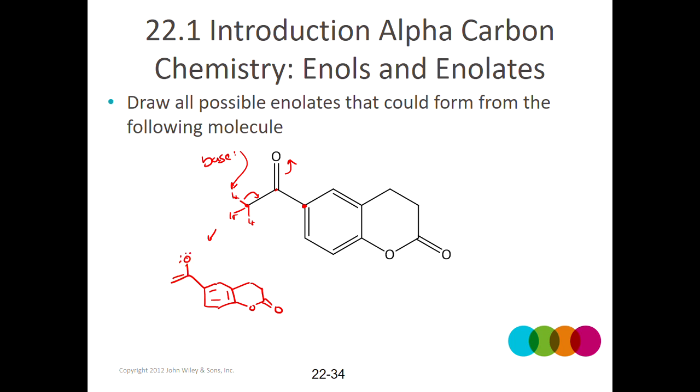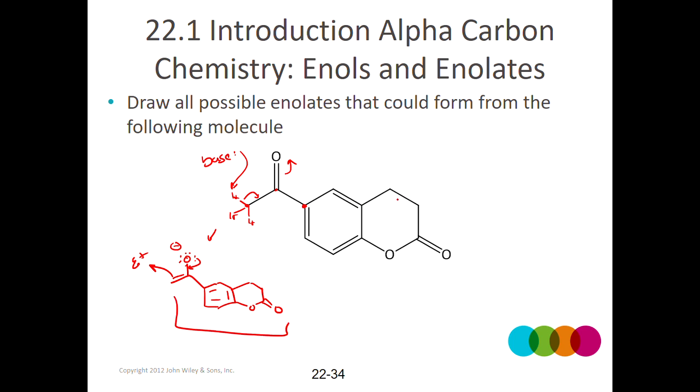There's my enolate. The electrons can swing back in and the carbon can attack an electrophile if I want to connect an electrophile to replace the proton that was removed. So there's one enolate that can form.